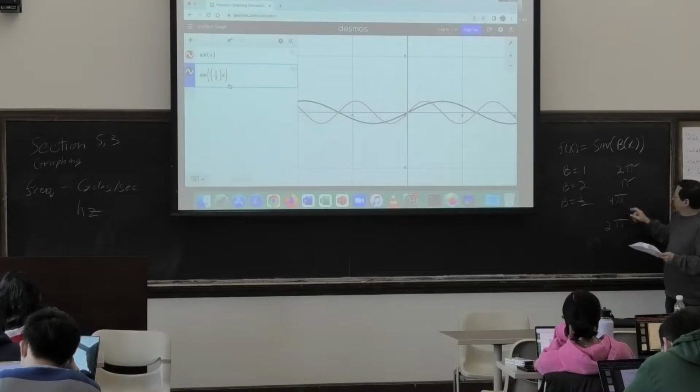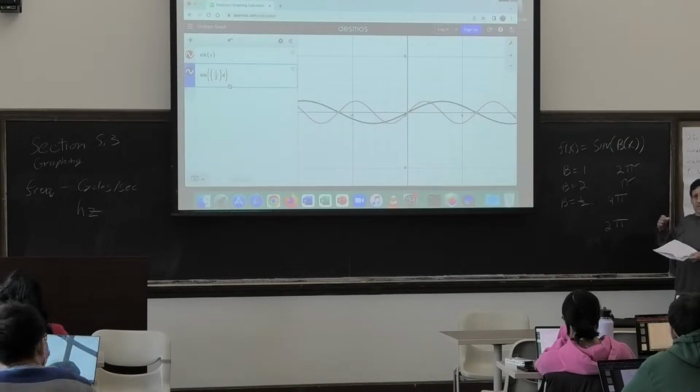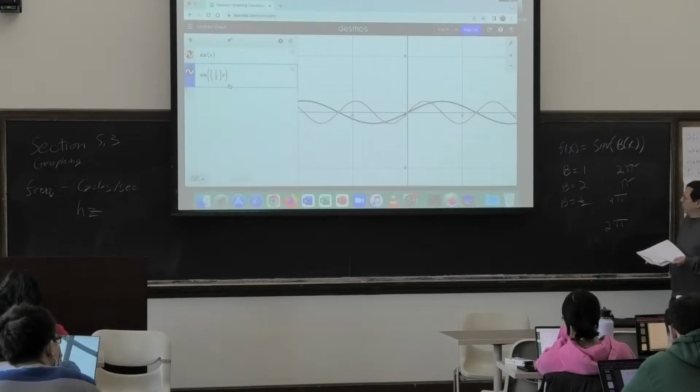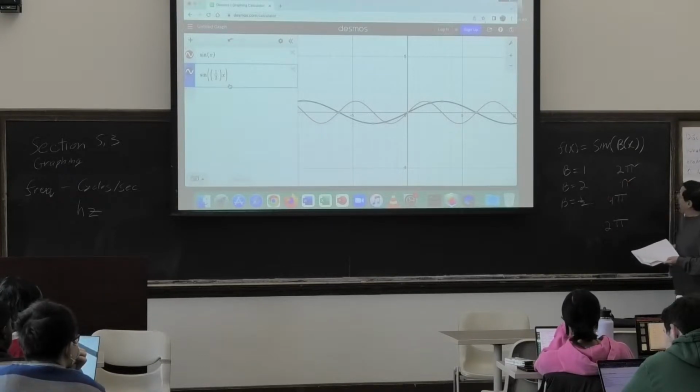When it's a half, it's 4 pi. How do we get that? I emphasize this because when we're done, you're going to memorize it, maybe, or write it down in your notes. It's always a nice thing to be able to figure these things out. It's not very hard. What am I doing with b to get these values? What am I doing with b to 2 pi?